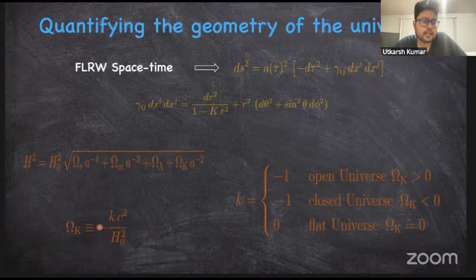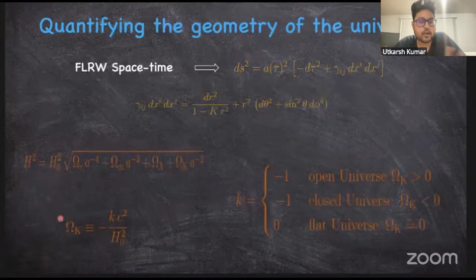We note that the signs of k and omega k are opposite. For example, if k is minus 1, then omega k will be positive and the universe will be open.